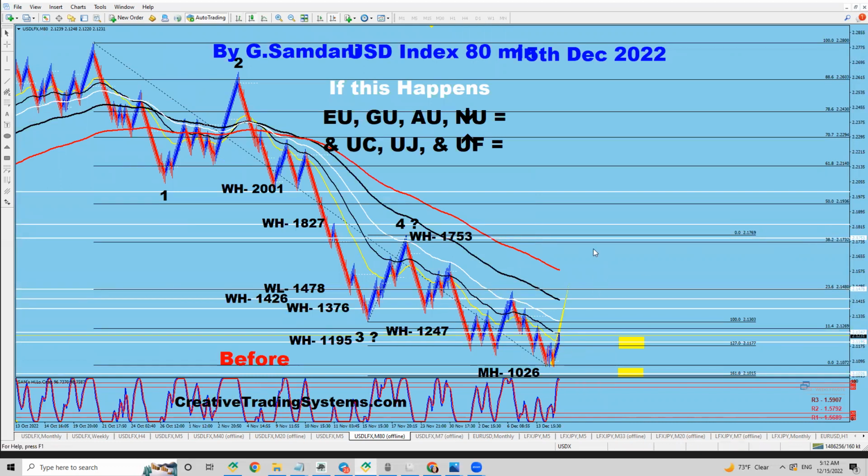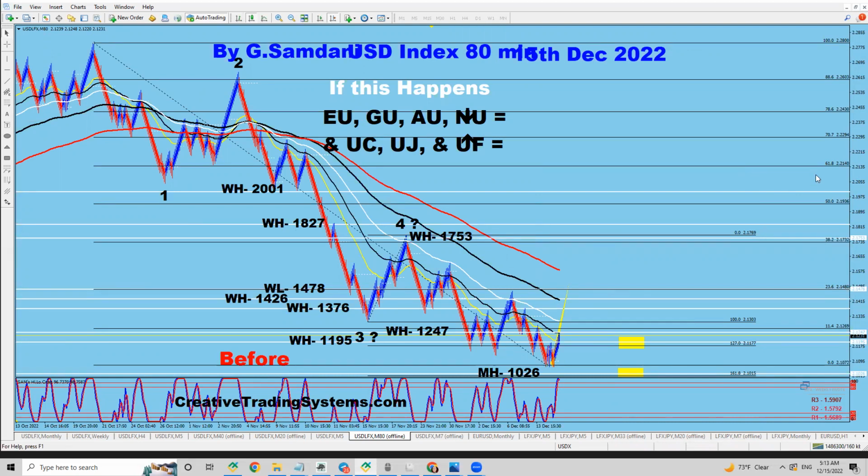So it could go here, A, in 5 small waves or 3 small waves, then B, right? And then C here to 161%. That would be fulfilling this 1, 2, 3, 4, 5 to the downside, and going up here in the ABC fashion.